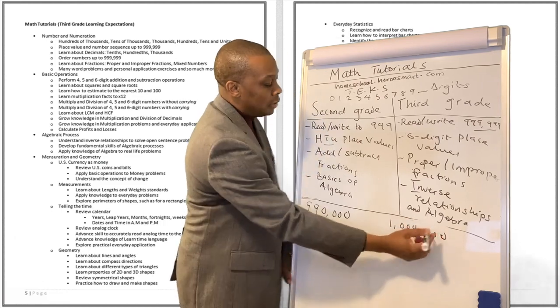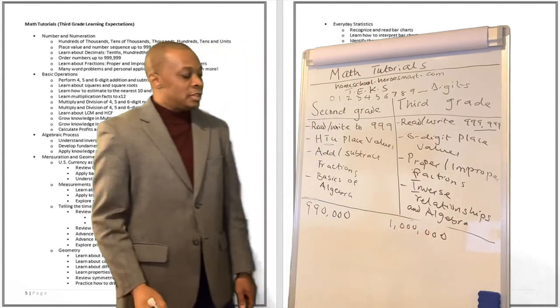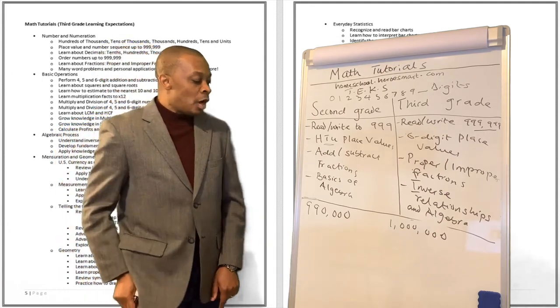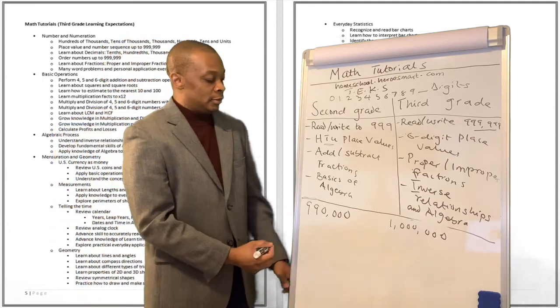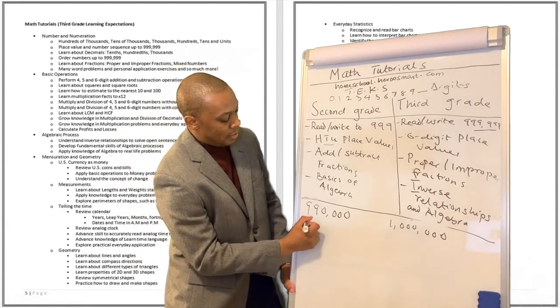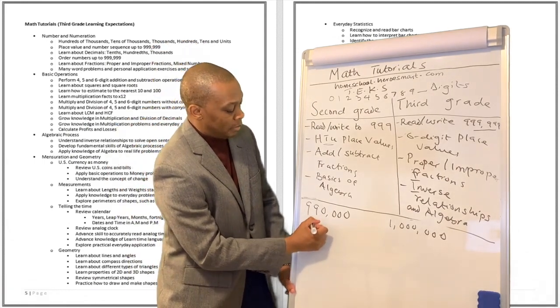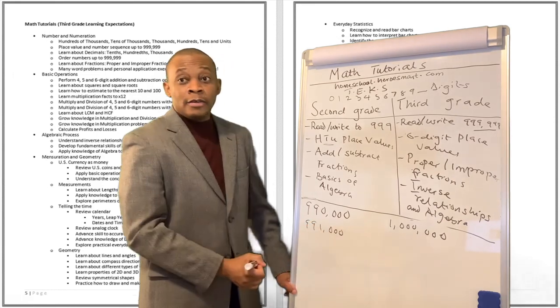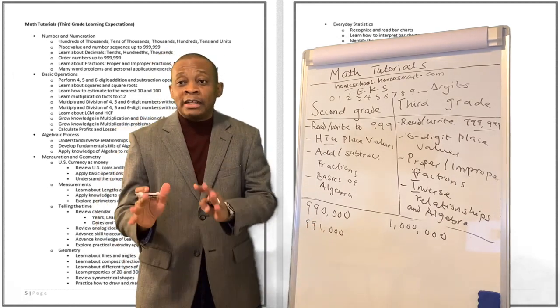So this is called 1 million over there. Well, how do we do that? Let's try to count by 1,000, and say the next number is going to be 991,000. We're going to teach them that so they can identify patterns.